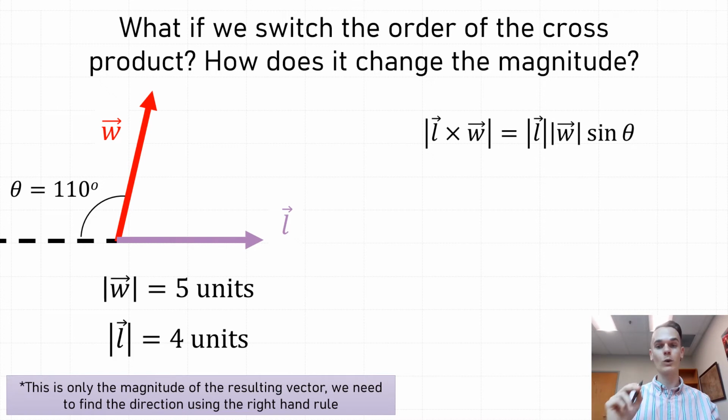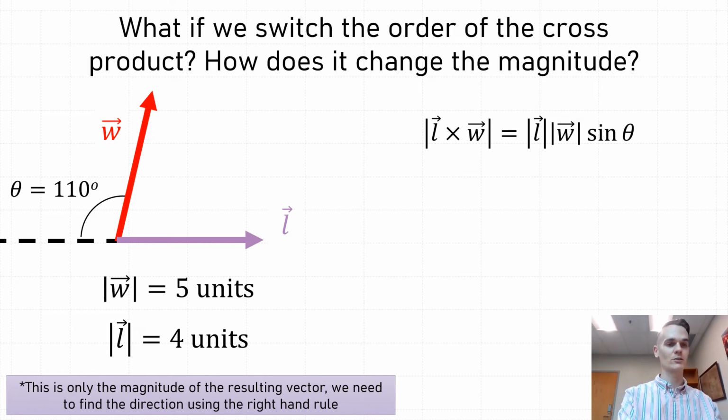So we also want to calculate the magnitude of our switched order cross product and see if we get the same magnitude as before. So here we have the magnitude of vector L crossed with vector W is equal to the magnitude of vector L multiplied by the magnitude of vector W multiplied by sine of the smallest angle between the two vectors whenever they are placed tail to tail.